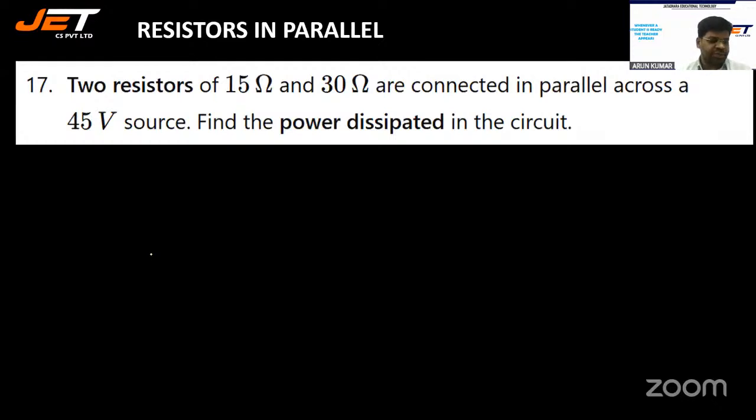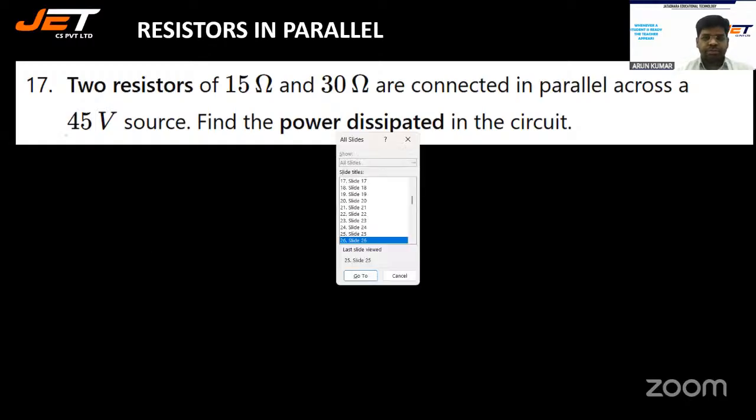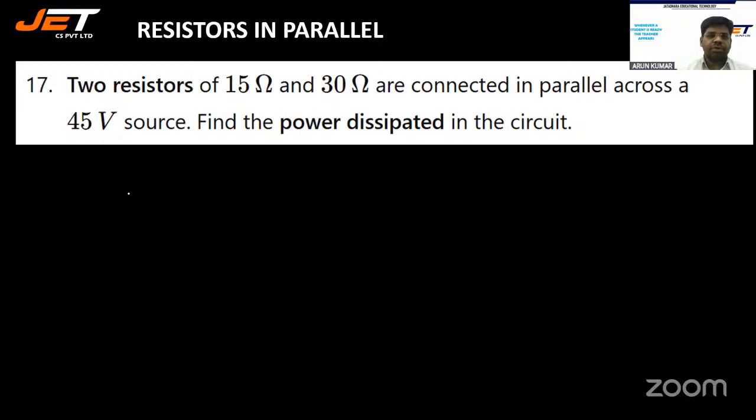Two resistors of 15 ohms and 30 ohms are connected in parallel across a 45-volt source. Find the power dissipated in the circuit. All right. So what do I do now? Two resistors are connected in parallel, 15 and 30.